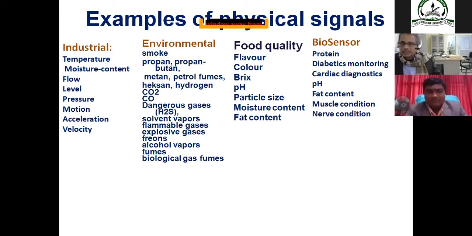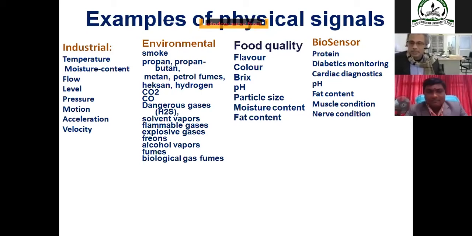Some of the applications I will tell you for your reference. For industrial applications, you try to measure temperature, moisture content, flow control, level control, pressure, motion, and access. For environmental applications, you try to find out the smoke in the environment, carbon dioxide content, carbon monoxide, and dangerous gases like H2S and many others.